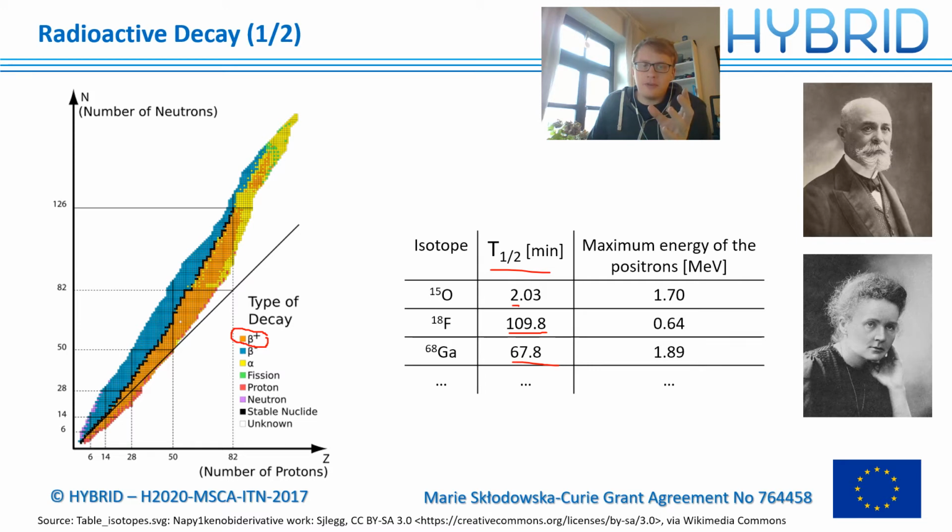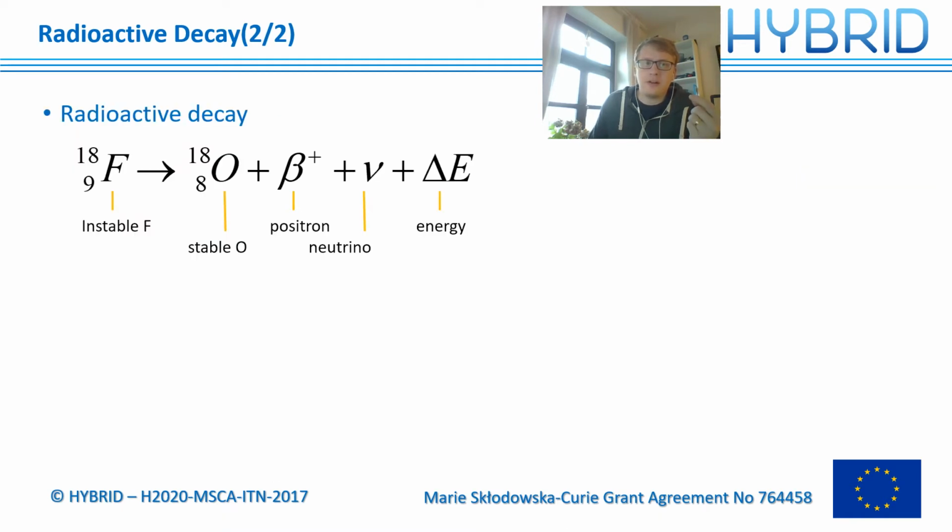So as an example here, 18F, the range of those positrons is actually smaller than those of other isotopes which have a higher energy, which shoot those positrons out way faster. And this is what we're coming on. So if we have our 18F, it will decay into some stable oxygen, giving a positron, giving a neutrino, and some energy.